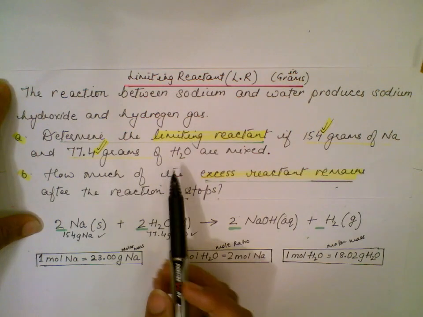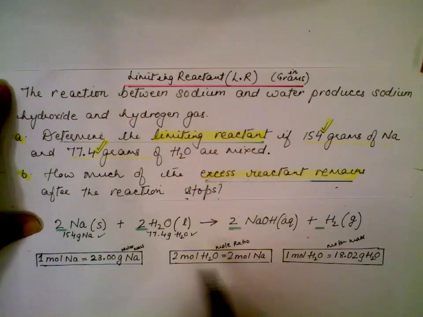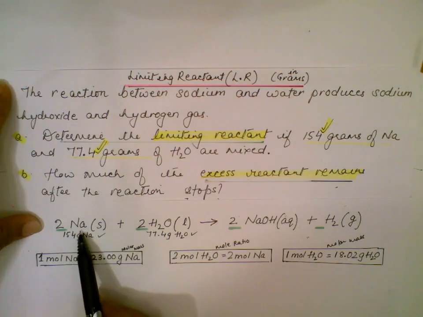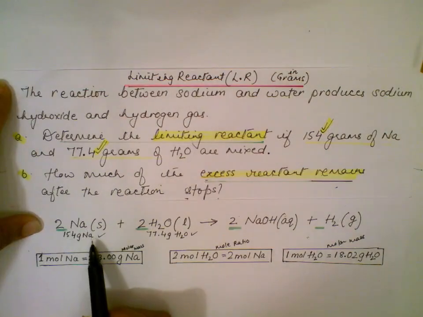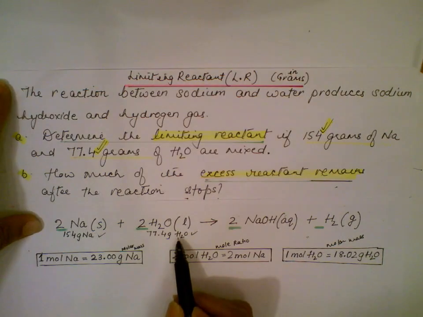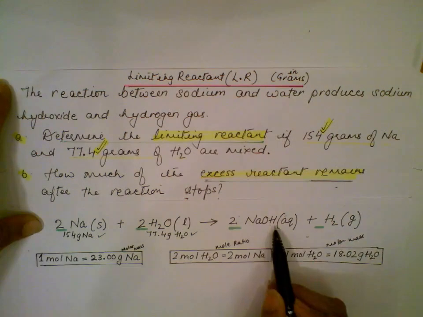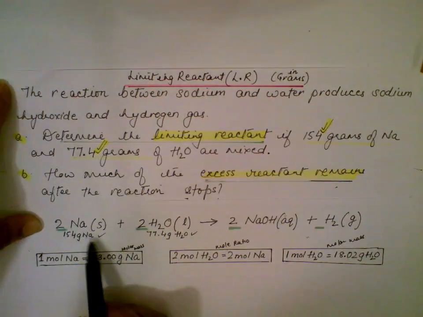We have to find out which one of these two reactants, sodium or water, is going to run out first in the reaction, meaning the reactant that will limit the amount of products. These are the products.